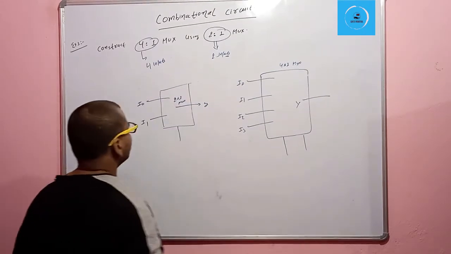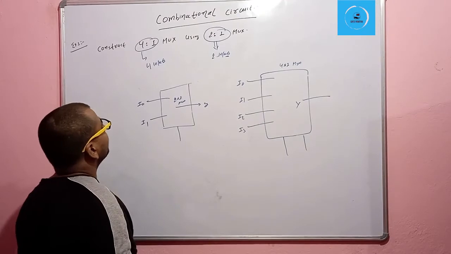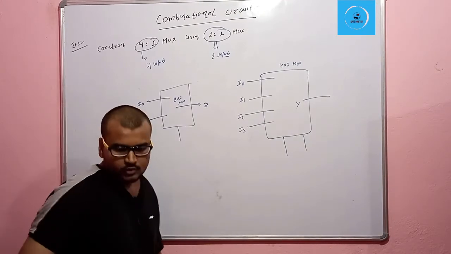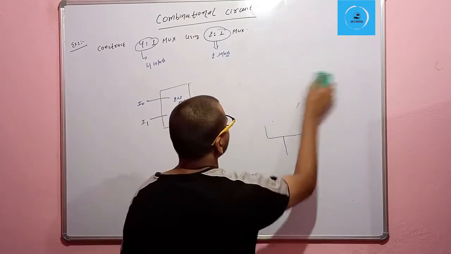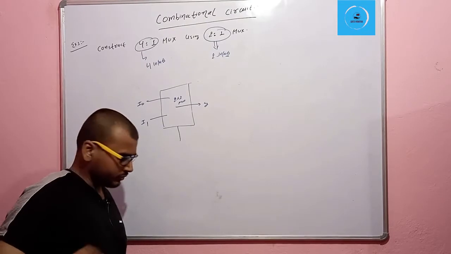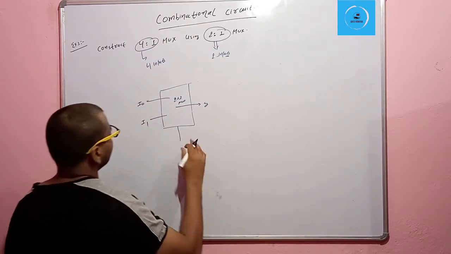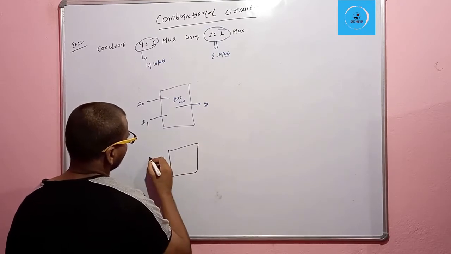So how many 2 to 1 muxes are required for constructing this 4 to 1 mux? First we need the 4 inputs. So for taking the 4 inputs, we are going to form this type of 2 to 1 mux.